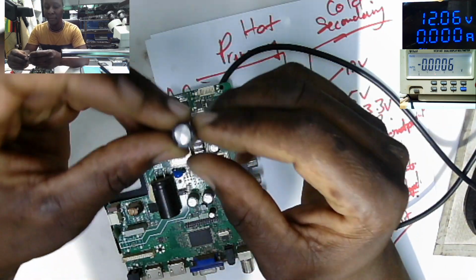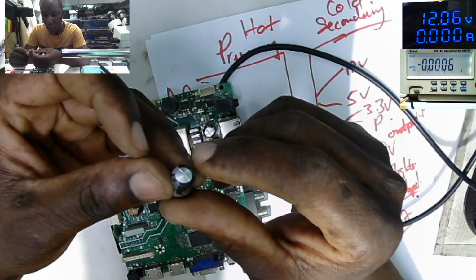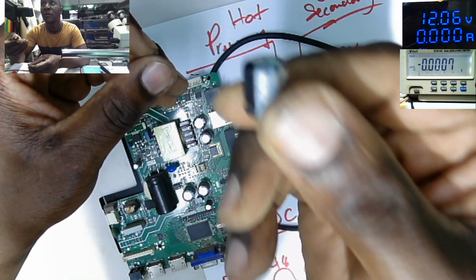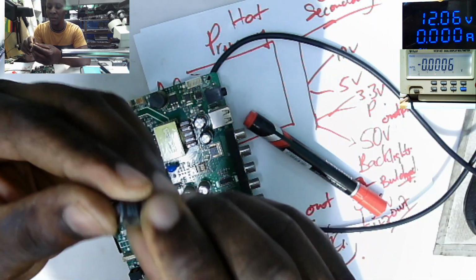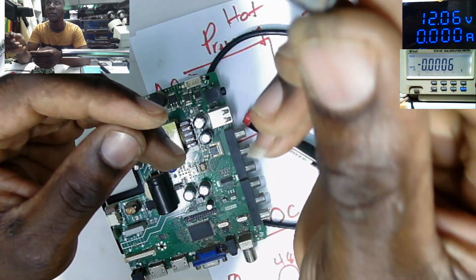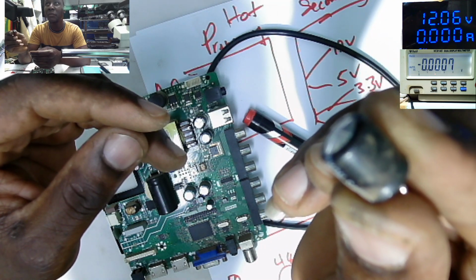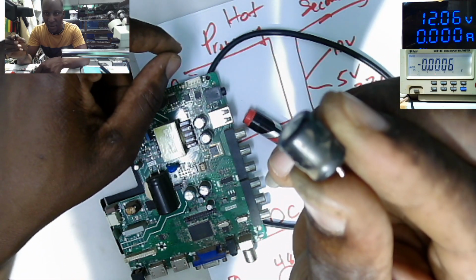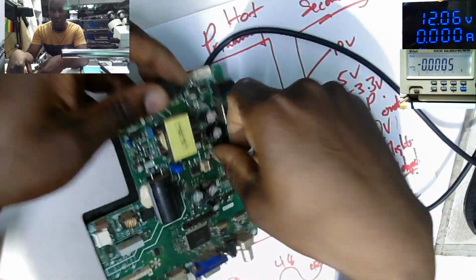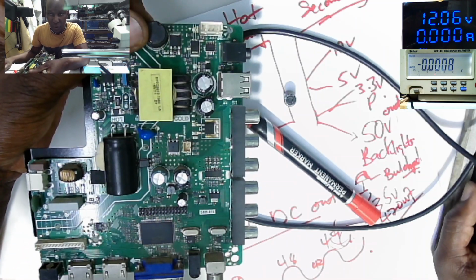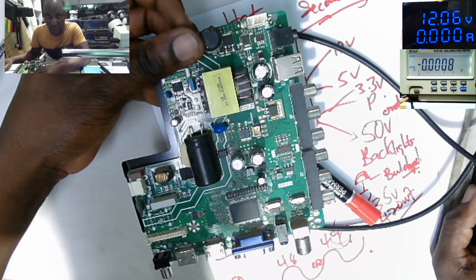That's the bad guy with a bump, you can see. So this capacitor is gone. So we replace it with our new capacitor. So I'll put it all together and we'll come back for testing, okay?